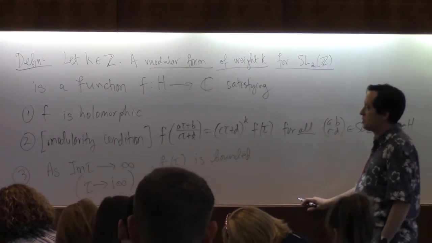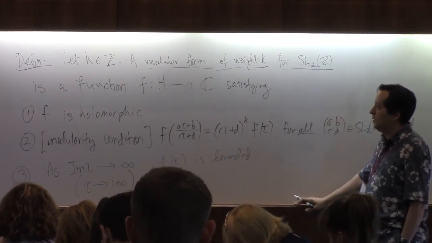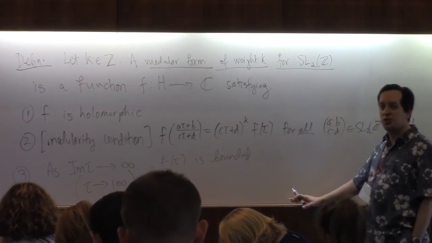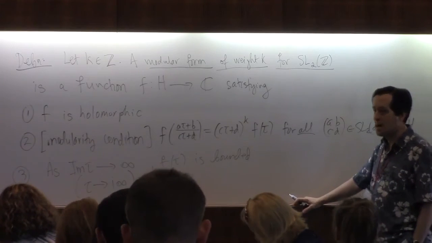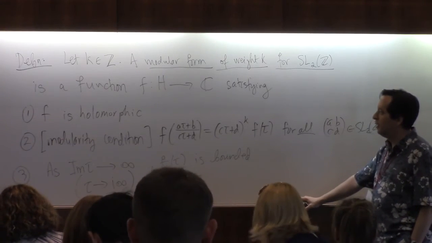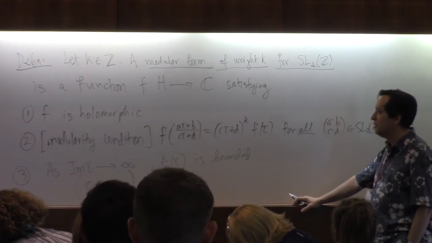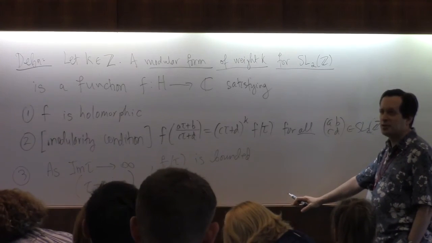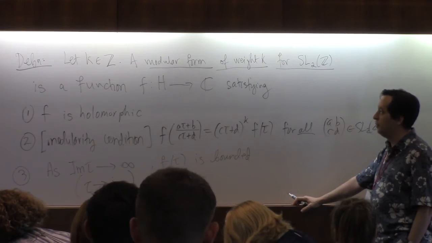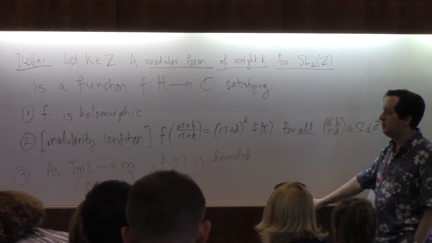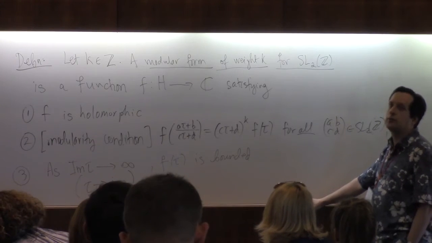Okay. So, example: the 0 function. All right, there you go. Of any weight, you see, it's very versatile. So, not so interesting. It turns out, for some weights, the only modular form of that weight is the 0 function.